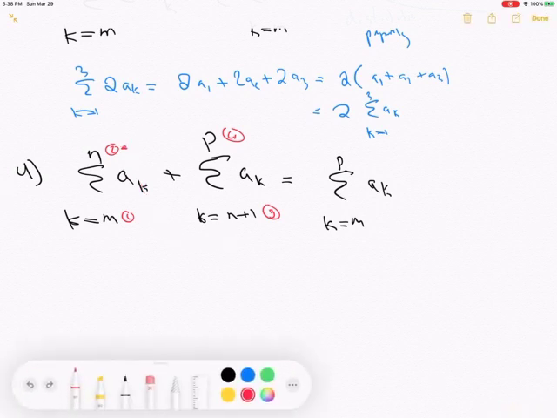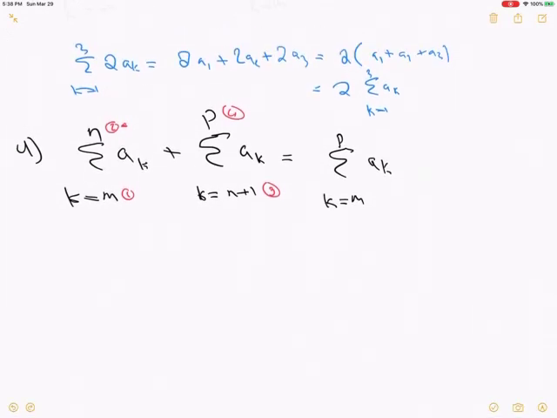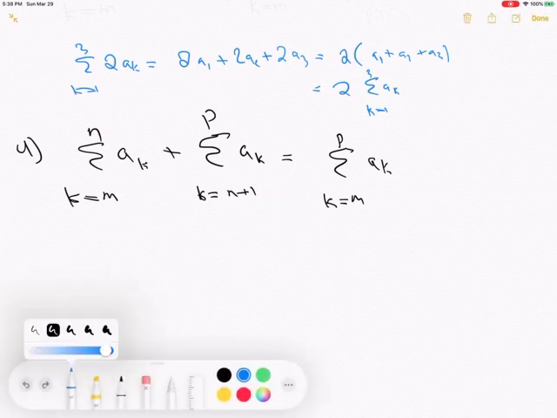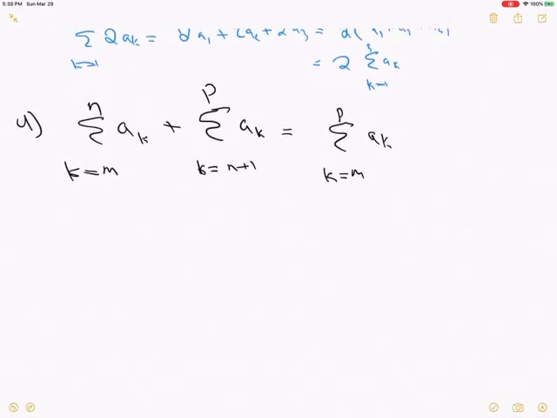Again, these properties are supposed to be obvious. It's just that the notation makes it look kind of weird. So for example, if you do the summation k goes from 1 to 2 of ak, plus the summation k goes from 3 to 5 of ak. Well, the first summation is a1 plus a2.